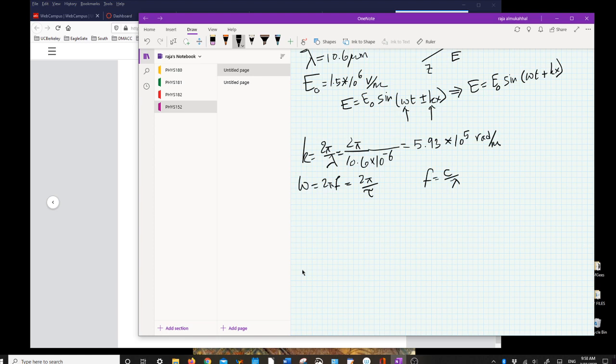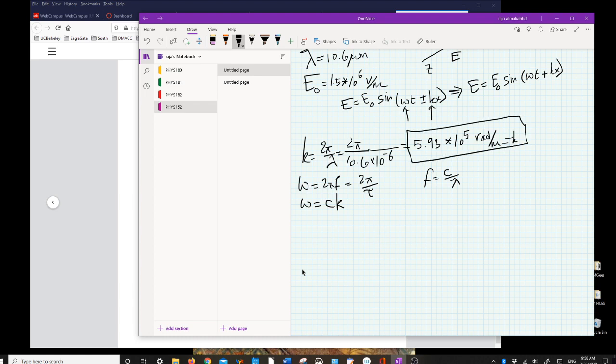There is another quick way of doing it, and you can convince yourself by doing the derivation. Another shorthand way of getting omega is omega equals ck. I already got k, this is the value of k right here.